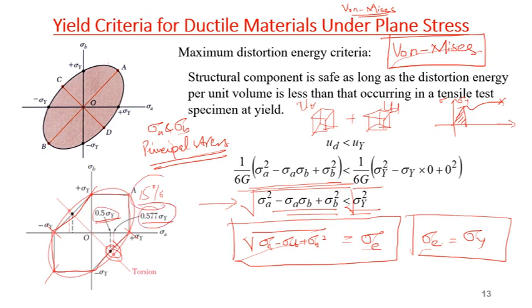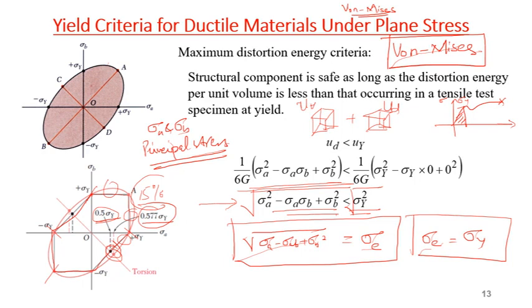The maximum shear stress criteria predicts the shear stress at 0.5 times sigma y, but for the von Mises criteria it is 0.577 times sigma y. So it is only a difference of 15%. Under other loading cases, the difference is very small, and under uniaxial loading they predict the same value.